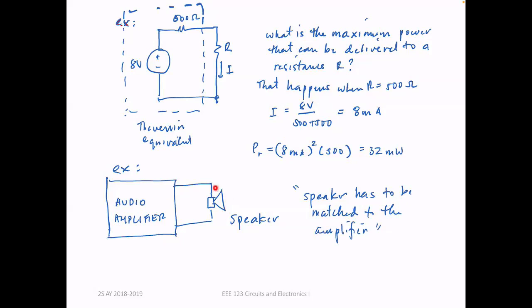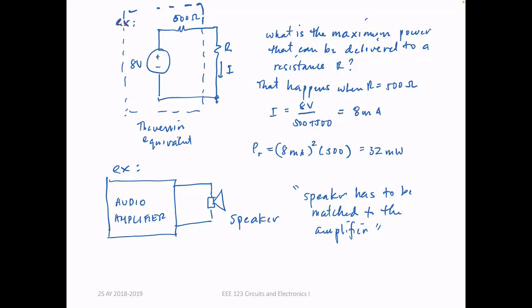Okay, pag nagtabit ka dito ng headset, earphones, for example, don't expect your earphones to pick up as good quality of sound as your speaker, because they are mismatched. Mataas yung resistance nung headset.